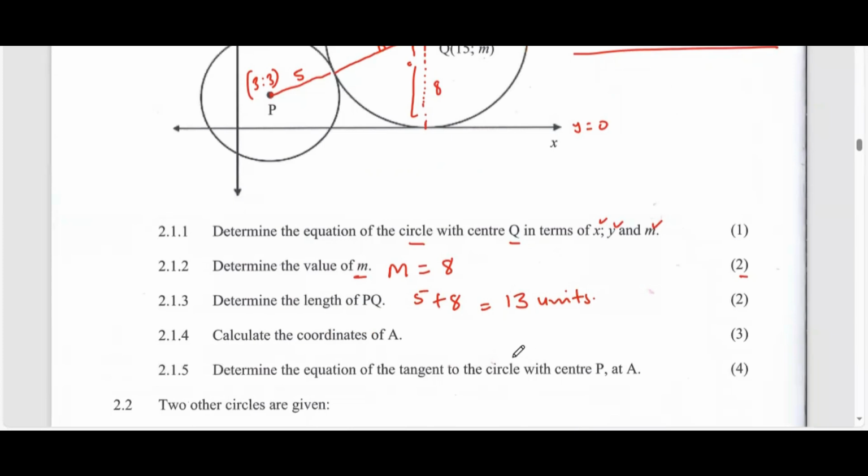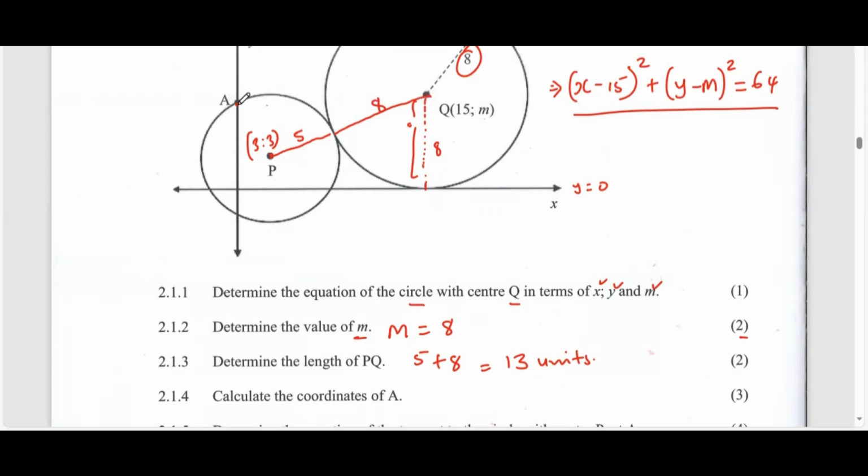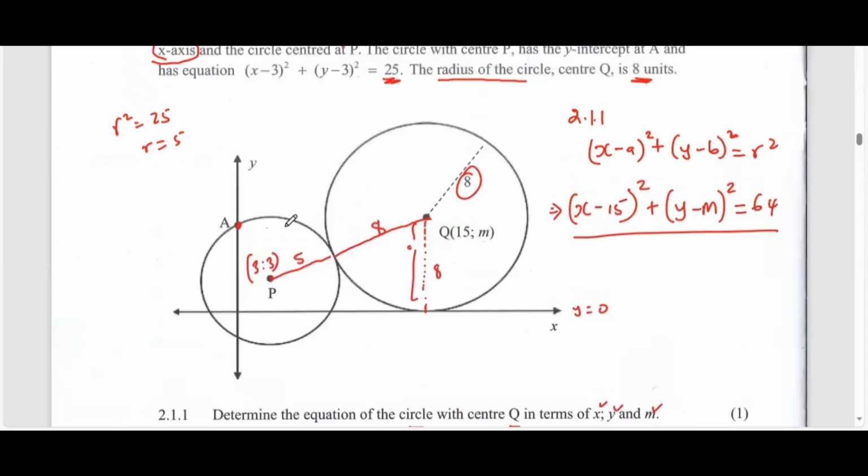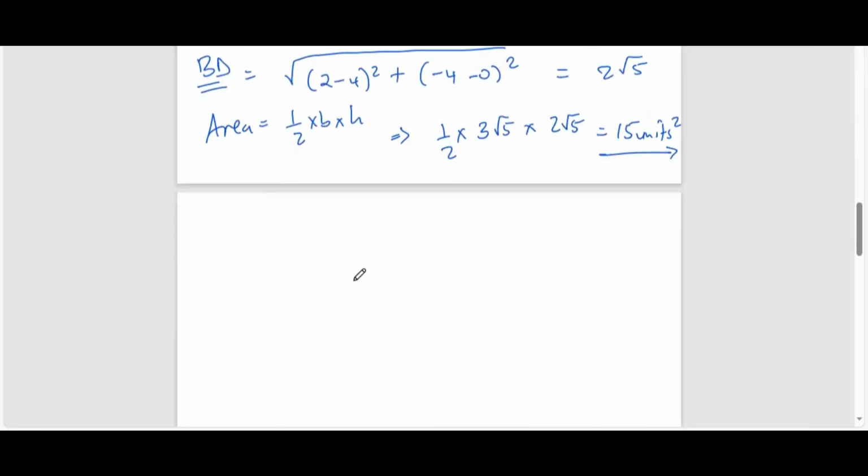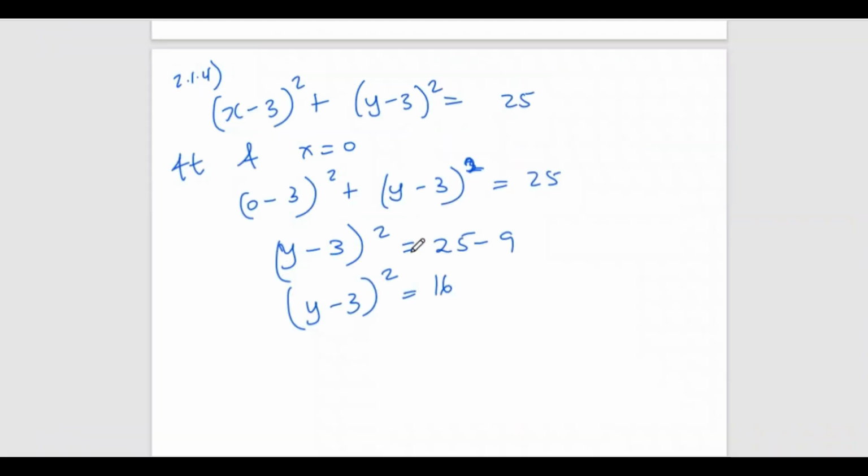Then they want us to get the coordinates of A. Since A is the y-intercept of circle P, and we already have the equation x minus 3 squared plus y minus 3 squared is equal to 25. One thing we know about the y-axis is that x is always 0. So I'm going to get that equation of the circle, x minus 3 squared plus y minus 3 squared, and I'll find the square roots on either side.